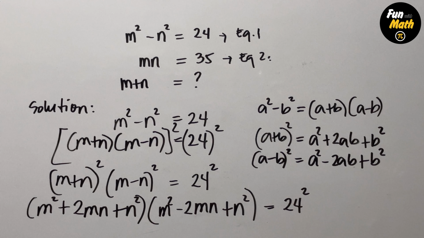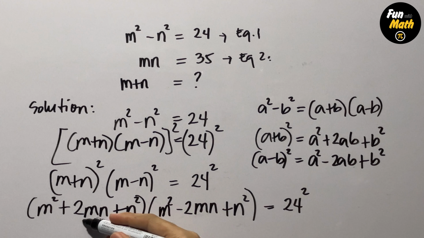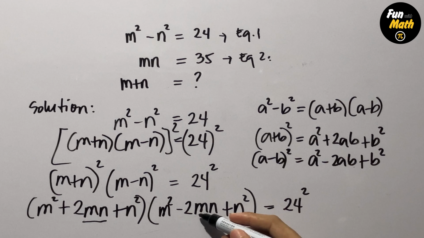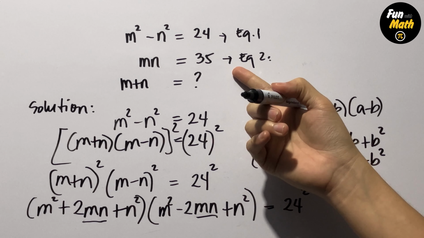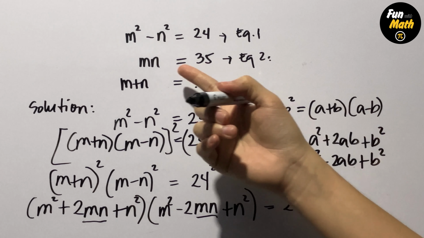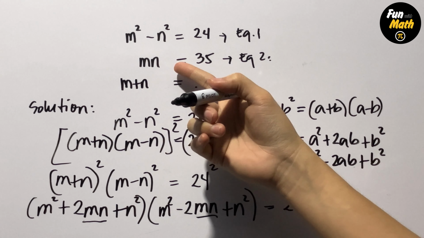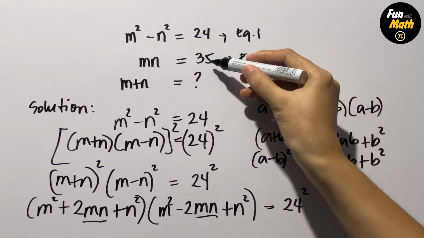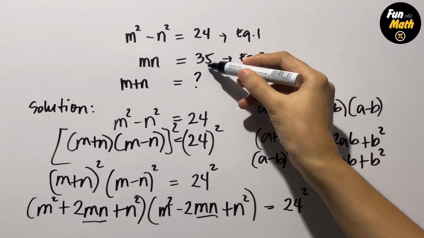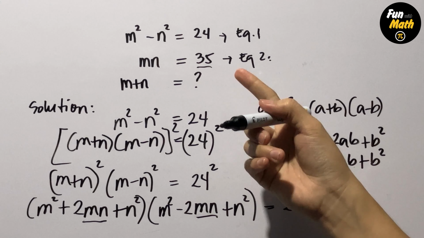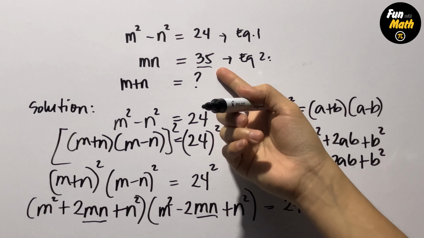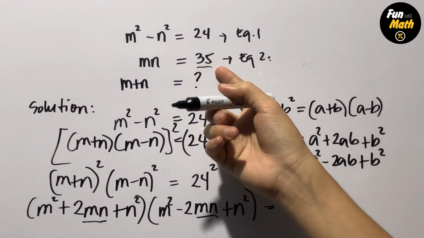Now, if you observe, we have mn here and also here. And if we go back to our problem, equation 2 is mn is equal to 35. So we have the value for mn, which is 35, and we can use this to substitute here.